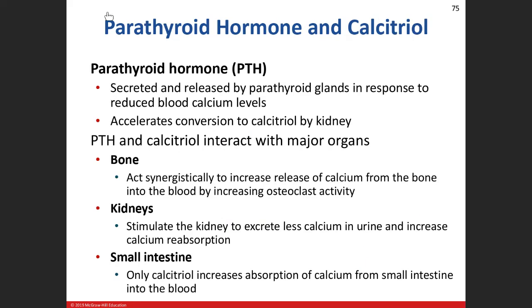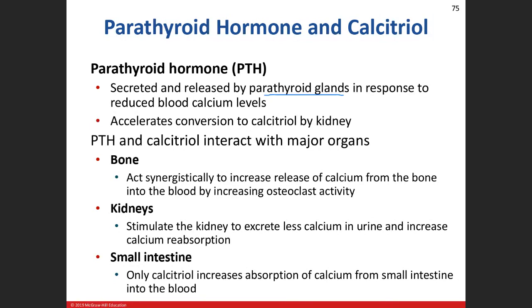So we can say that decreased blood calcium levels will increase the formation of calcitriol. So we have low blood calcium levels. The parathyroid gland responds to that and releases parathyroid hormone.